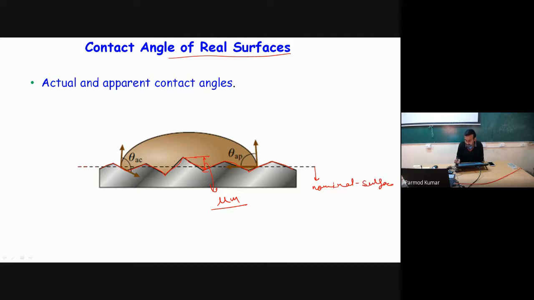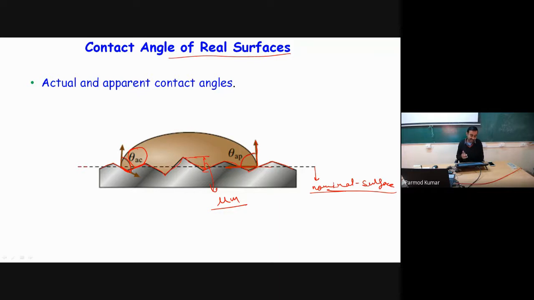If this is our nominal surface, we will find the value of contact angle as something like this. However, in actual practice, our surface is something like this, so the actual value of contact angle is like this. This is the actual contact angle, and this is the apparent contact angle, which appears to us considering the nominal solid surface.